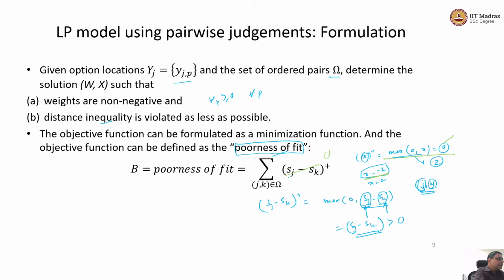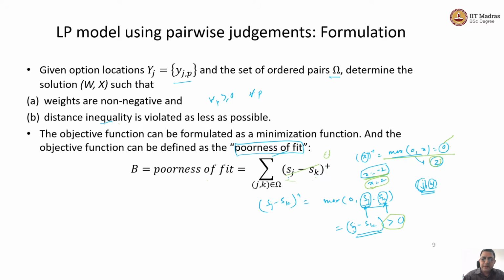Only when the distance inequality is violated will Sj minus Sk take on a value greater than 0, and therefore this will be a positive value, not 0, and that will represent the poorness of fit.